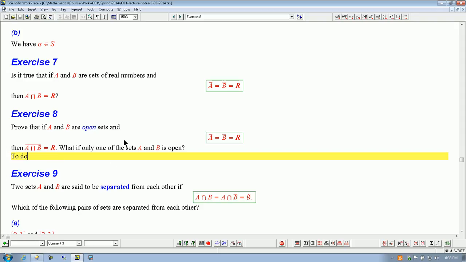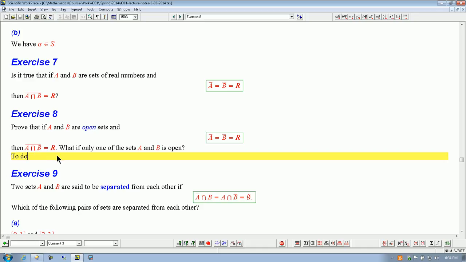In number 8, we are given a couple of open sets, A and B. And the closure of A is the entire number line. It means what? Every number is close to A. And the closure of B is the entire number line, which means what? Every number is close to B. And we want to prove that every number is close to the intersection of A and B.